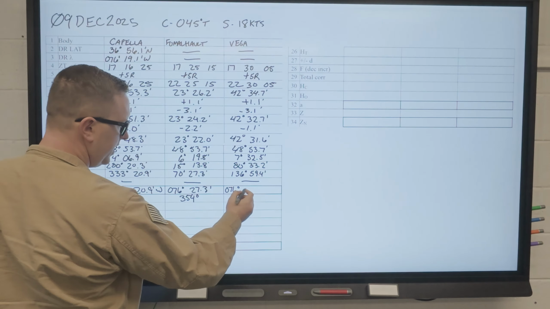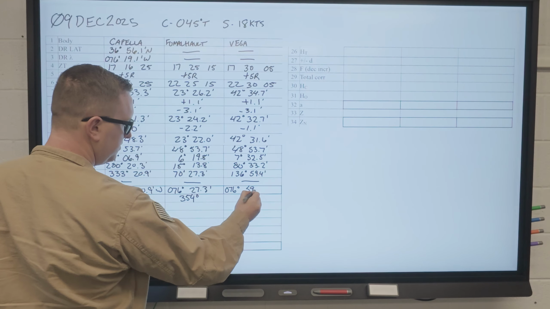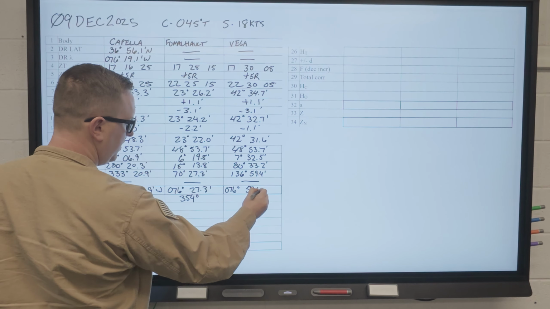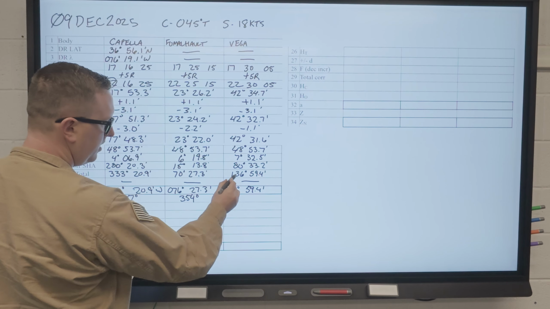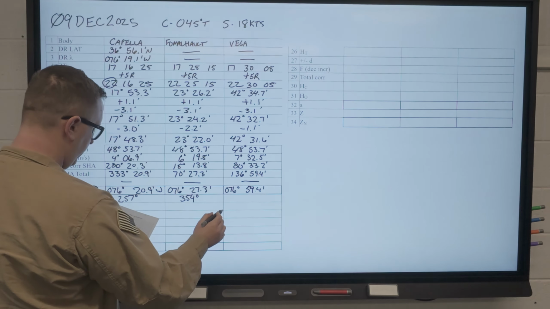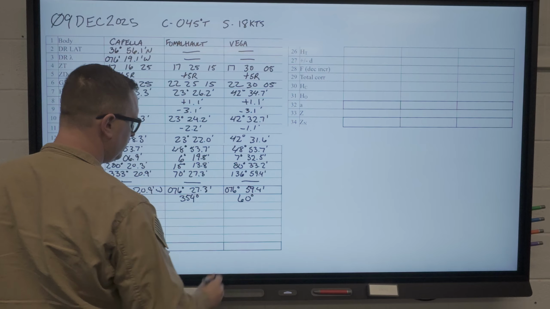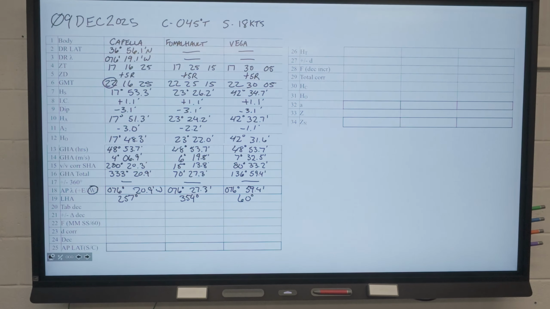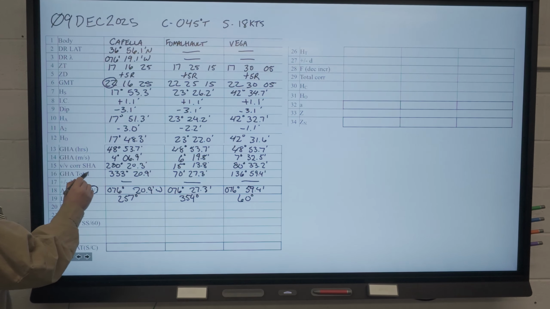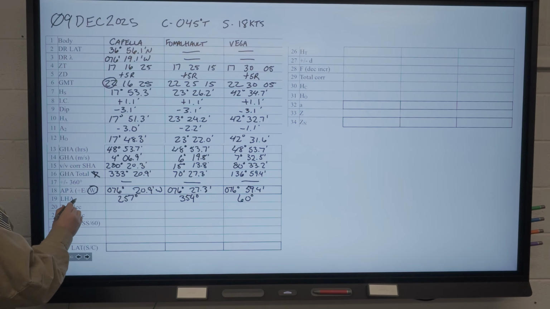Then we're going to take 59.4 down here. 136 minus 076, 60. So now we have the LHA of the star. This was the GHA of the star. LHA. Oh, I can't draw this.